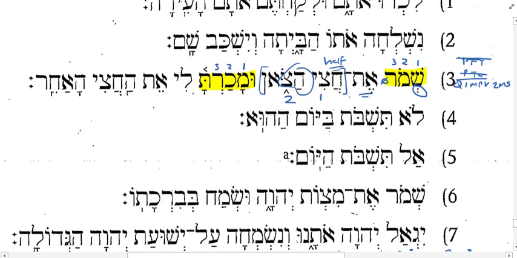Makarta. Now I have 3 root letters, a vav in front, and ta on the back side. Is ta characteristic of the perfect or the imperfect conjugation? Imperfect? Perfect. The perfect conjugation has ta.